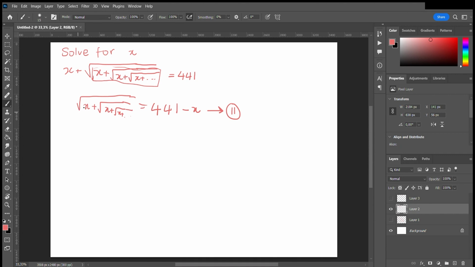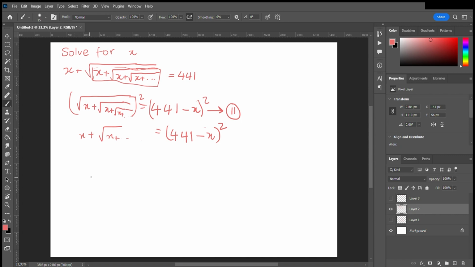If I then square this, I'm going to get x plus root of x plus and so on, equals 441 minus x all squared. So ultimately, this would equal this right here.